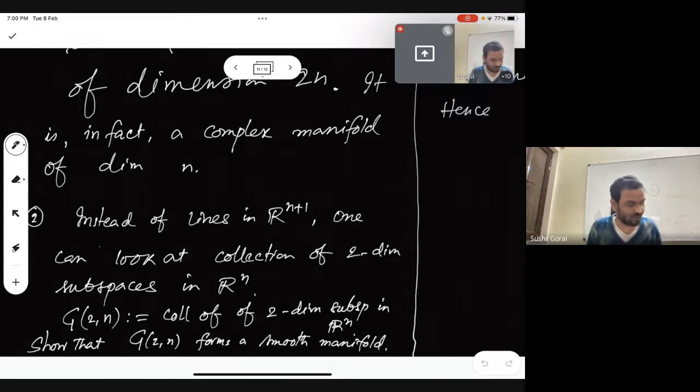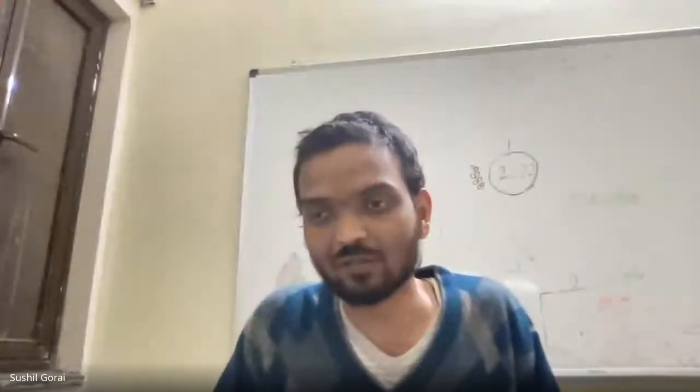Those who are interested can volunteer and present that. That is a very interesting object. This is called the Grassmannian, 2-Grassmannian. In general, the Grassmannian is all k-dimensional subspaces in Rn, and you will get a smooth manifold structure.